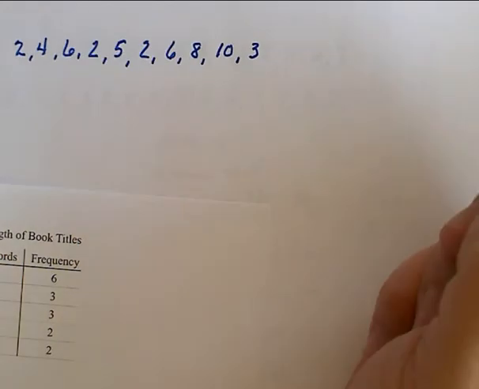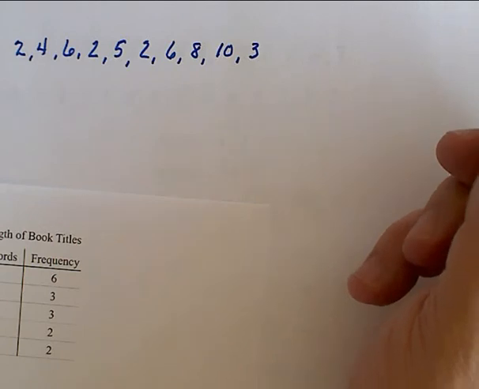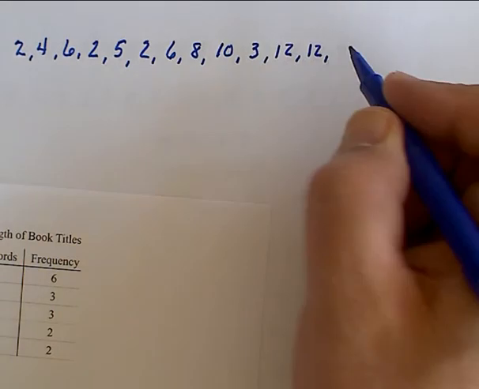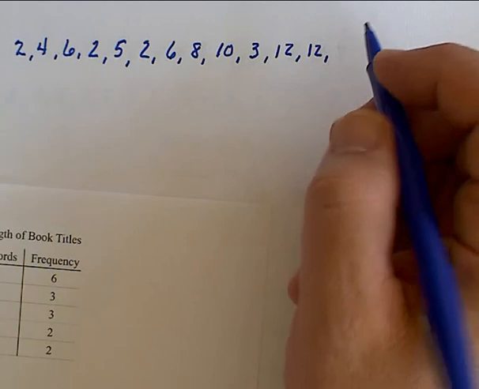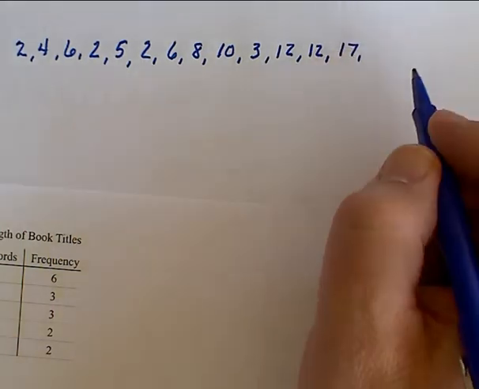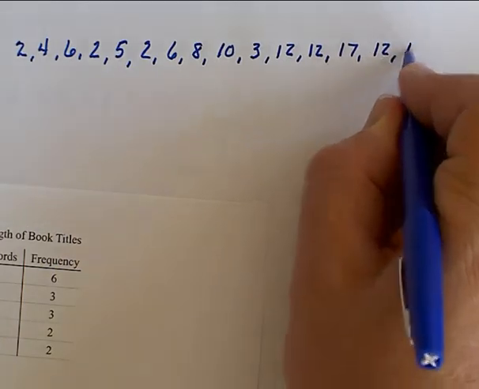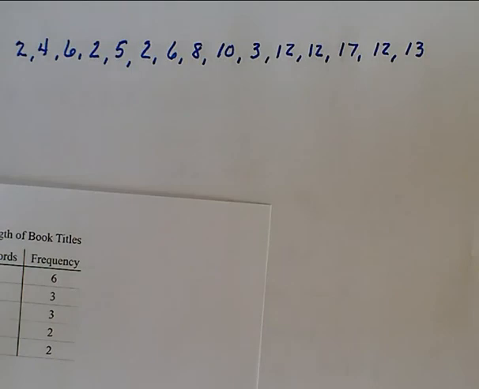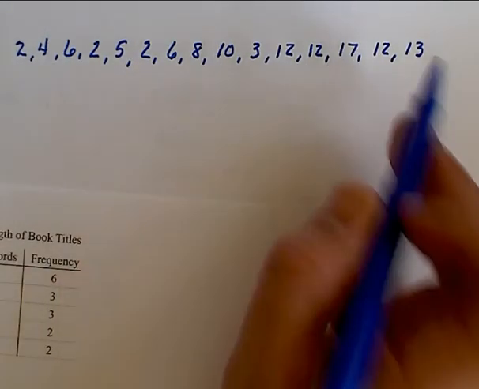Anywhere in between lines, I'm going to assume it's just the odd one. 12, 12, 17, 12, and then 13. So 1, 2, 3, 4, 5, 6, 7, 8, 9, 10, 11, 12, 13. There's 15 dots, so there should be 15 numbers.